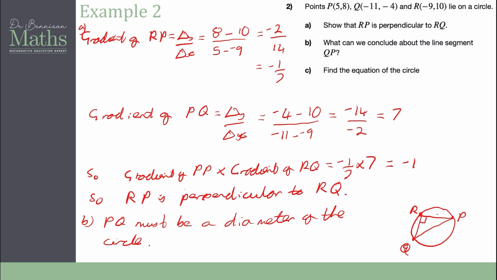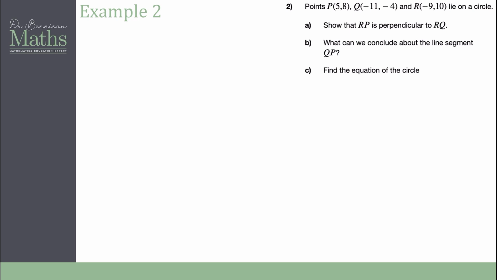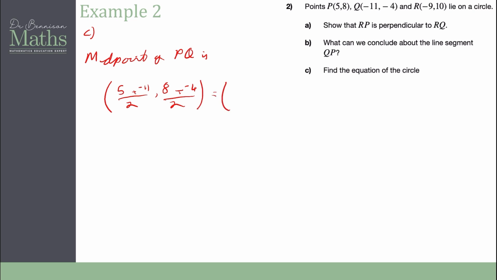So now, part C, we're going to find the equation of that circle. So let's find the midpoint, because this will be the centre. So the midpoint of PQ is 5 plus minus 11 over 2, and 8 plus -4 over 2. -6 over 2.